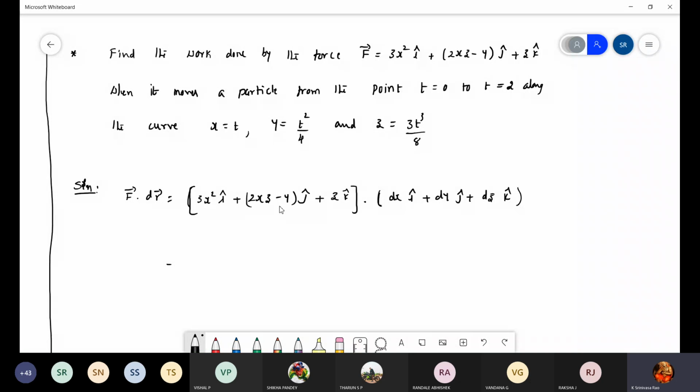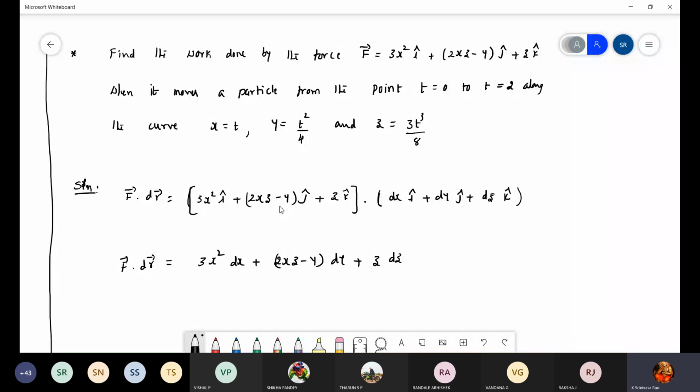You will get 3x square dx plus 2xz minus y dy plus z dz. Okay, so up to here you finish.